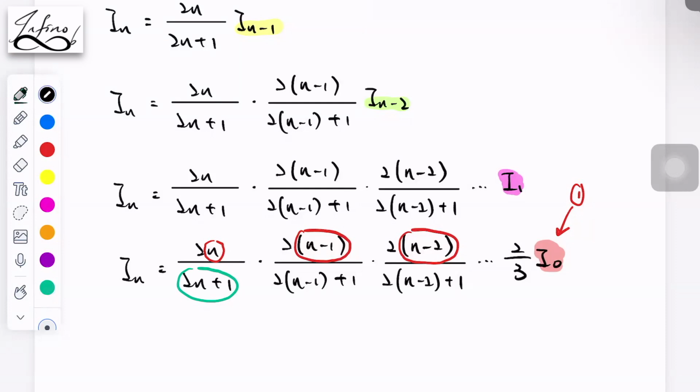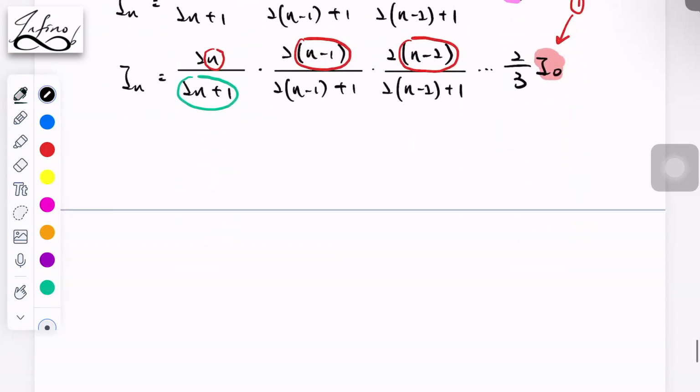That means something like this. We have to do I n equals the first term, let's say 2n over 2n plus 1. Then I still have 2 bracket n minus 1, and if you use some mental math for the yellow part, this is 2n minus 2 plus 1, so indeed this is 2n minus 1.